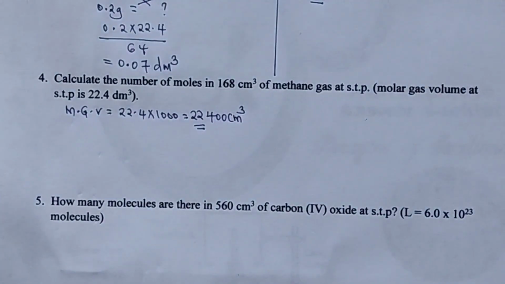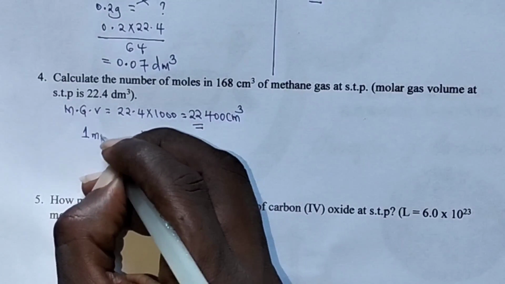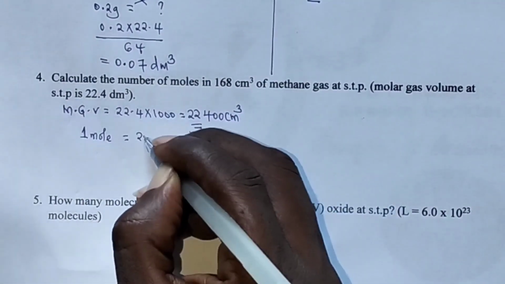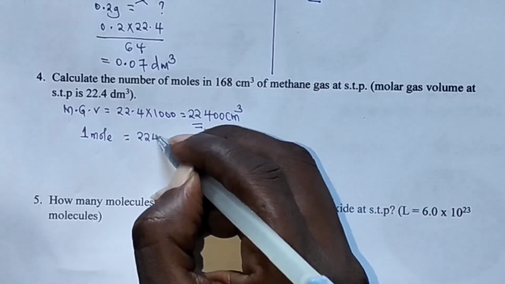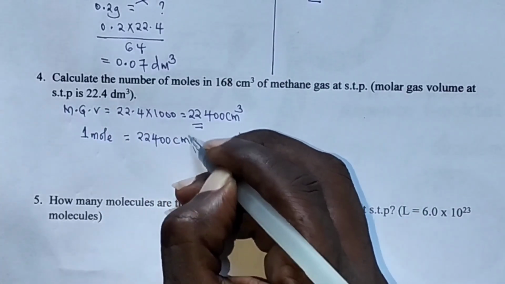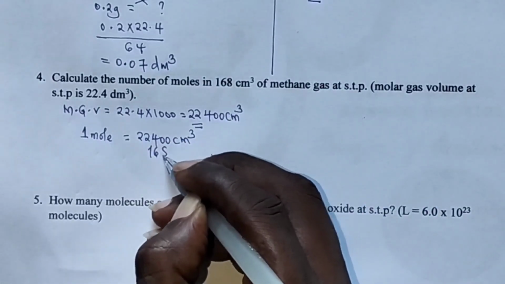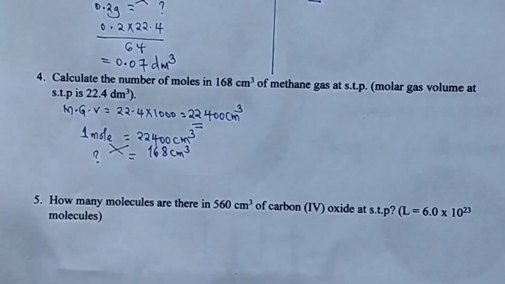So they're asking us the number of moles. So we can say 1 mole produces the volume at STB, which is 22,400 centimeter cube. So we can ask what moles can be produced by 168 centimeter cube of that methane gas. So we cross multiply.